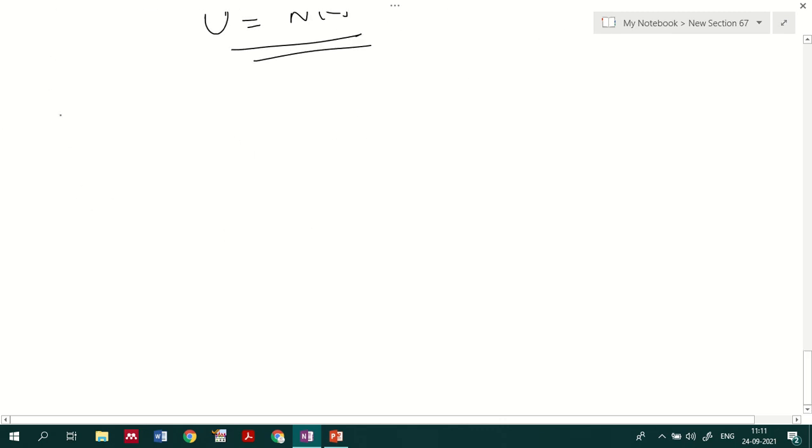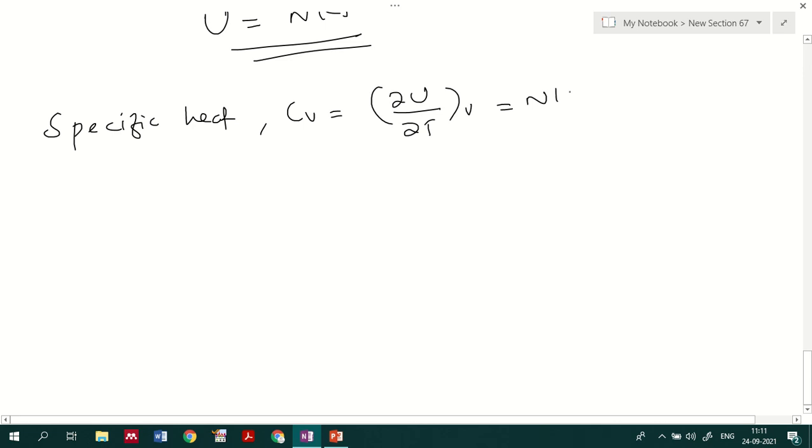Now the next one is the specific heat capacity. Specific heat capacity at constant volume, Cv, equal to dou U by dou T at constant volume. So that is equal to Nk, because U is nkt. And Cp equal to dou H by dou T at constant pressure.